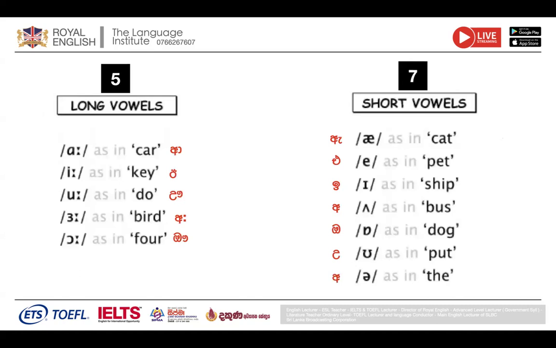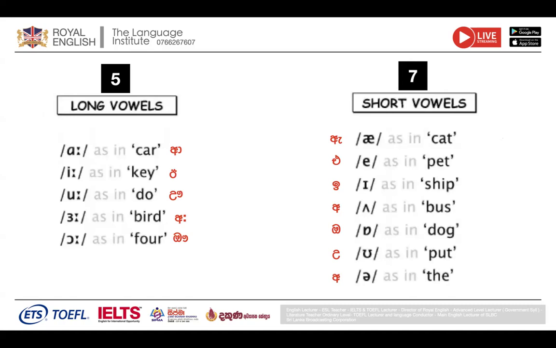So these are the long vowels. We can say in the Sinhala language a, e, u, o, likewise. So it's like car, key, do, bird, for. So we are pronouncing it a little bit longer. And the other group is short vowels.